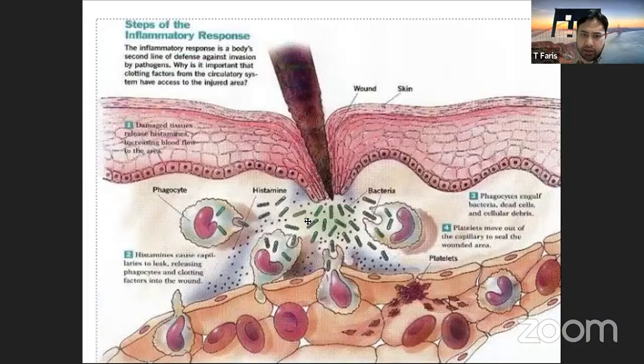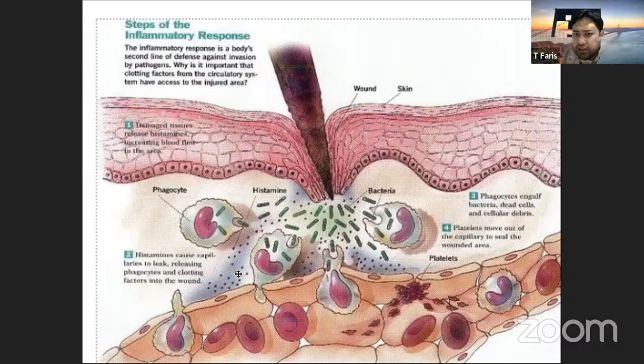Then they send lots of mediators or trigger other cells, especially the immune cells, such as polymorphonuclear cells, like the neutrophils that have granules, to release these histamines to signal that we need to do something. The body is in a dangerous state, so they produce these mediators to help the body recover from the attack.